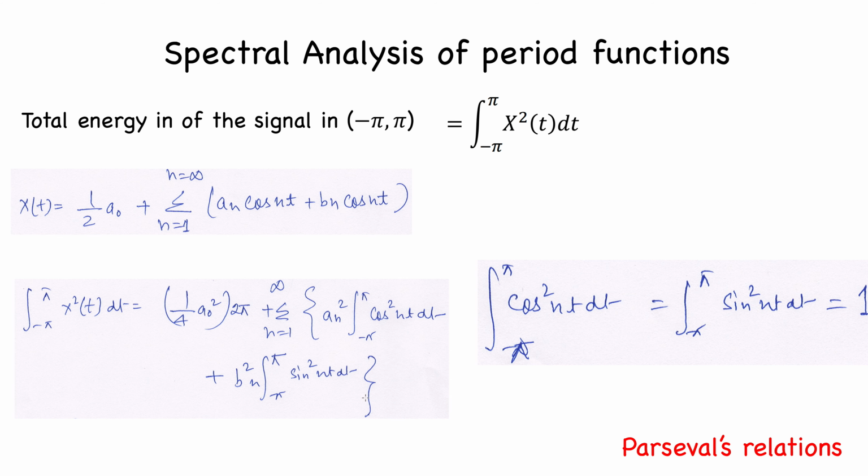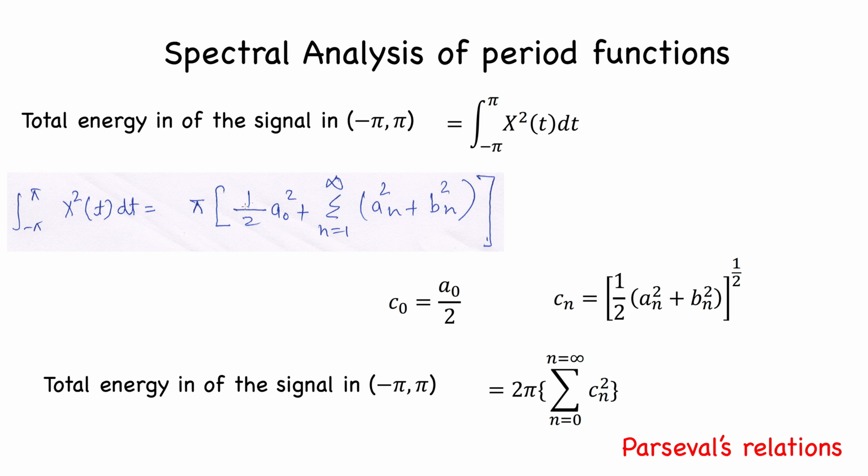So what we will have essentially is pi times the quantity 1 by 2 a_0 squared plus the summation of a_n squared plus b_n squared. This is Parseval's relation, which tells us the equivalence between the energy in the time domain and the frequency domain.